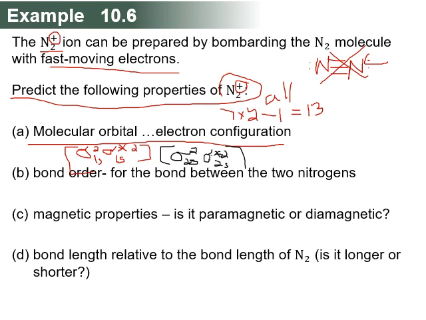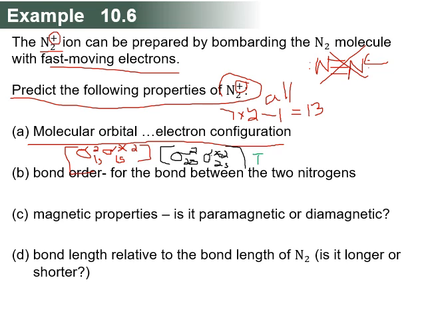If you flip back to table 10.5, you will see the order of filling. Now, the order of filling for that is going after the sigma 2s and sigma 2s star. We're going to do pi 2py and pi 2pz.